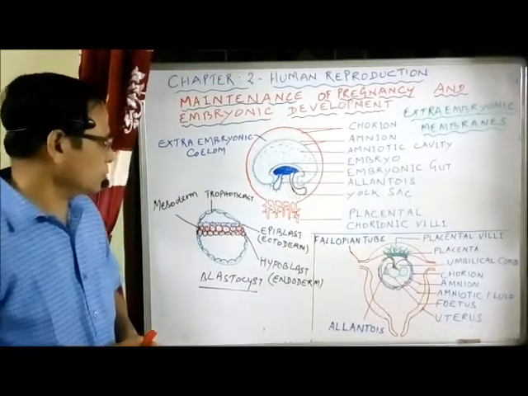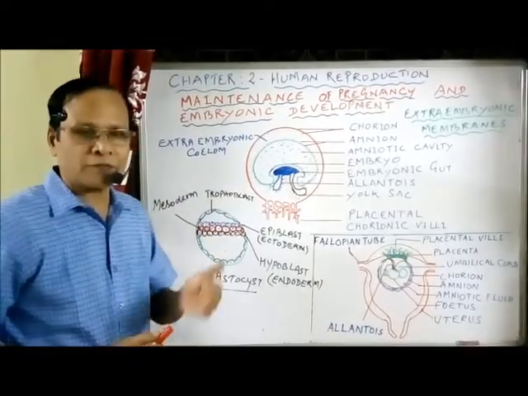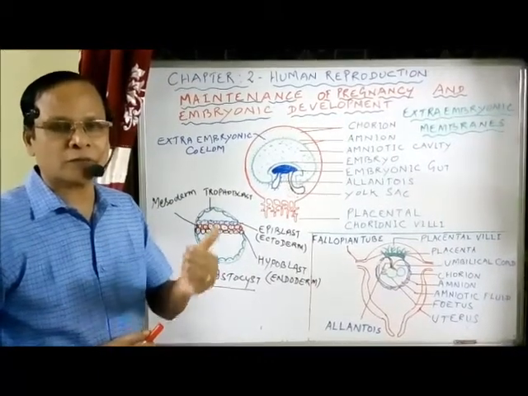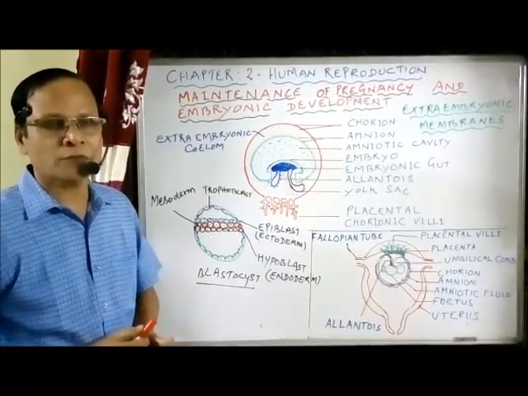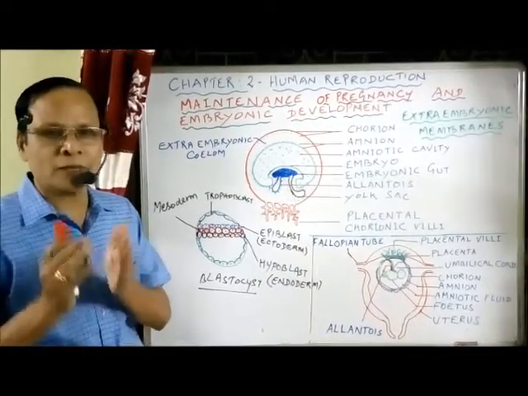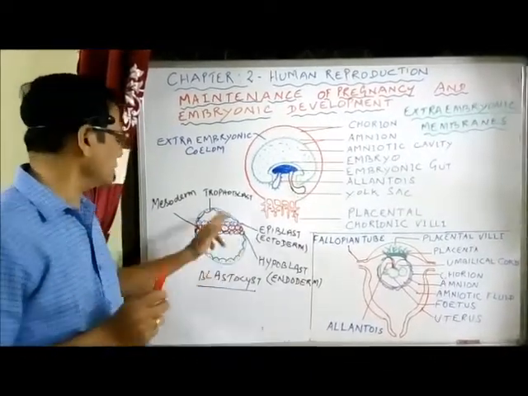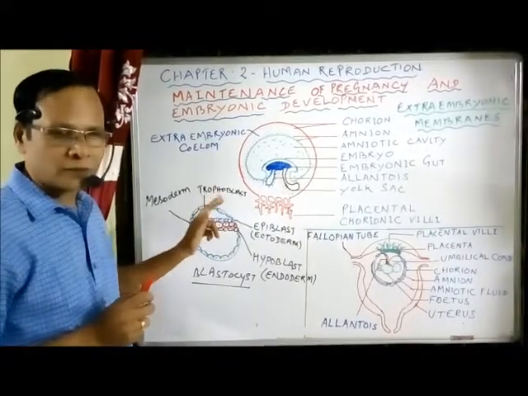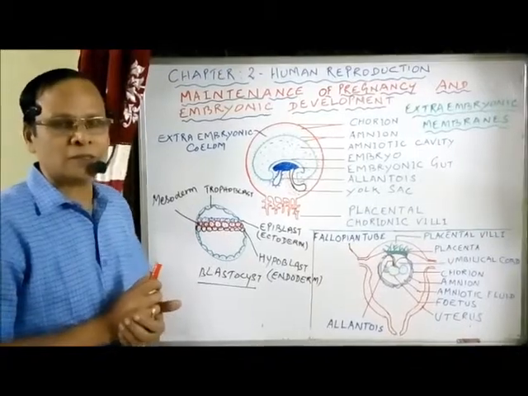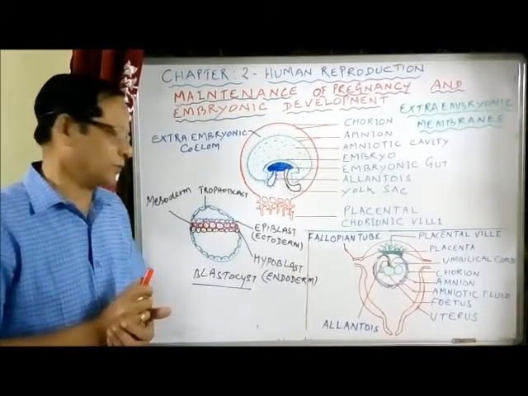Before starting that, after fertilization, the zygote is formed. The zygote undergoes repeated mitotic divisions to form a hollow ball of cells called the blastocyst. The blastocyst consists of an outer layer, the trophoblast, a single layer of large oval-shaped cells, and an inner cell mass that later develops into an embryo.